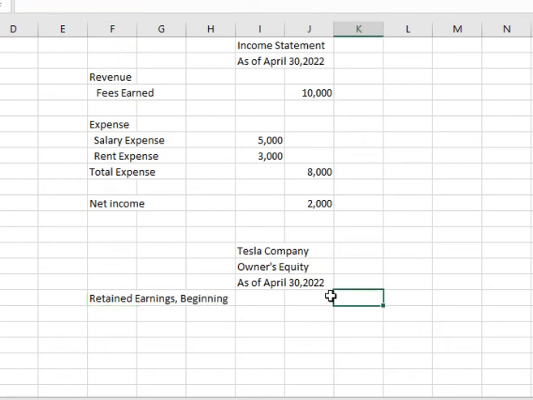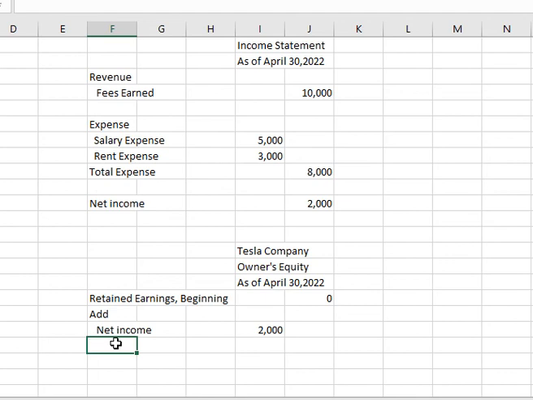At the beginning we don't have anything, so you get 0. Now we need to add this one. We add net income. The net income we have is 2,000.